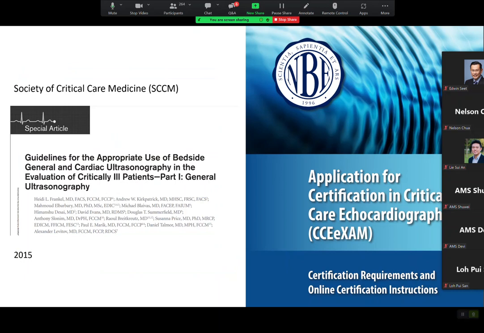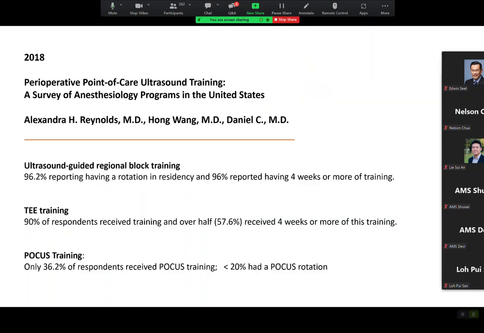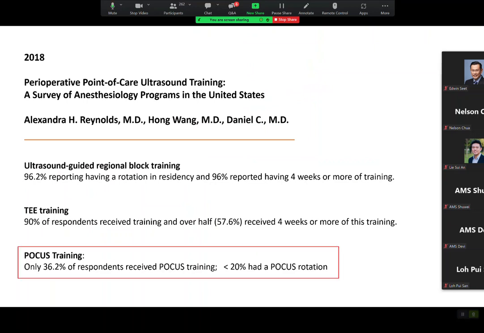Same for critical care medicine as well. They have had specialty specific guidelines in place since about 2015 or so, and they have exams specifically for POCUS in critical care. Anesthesia, on the other hand, has been a bit slow.